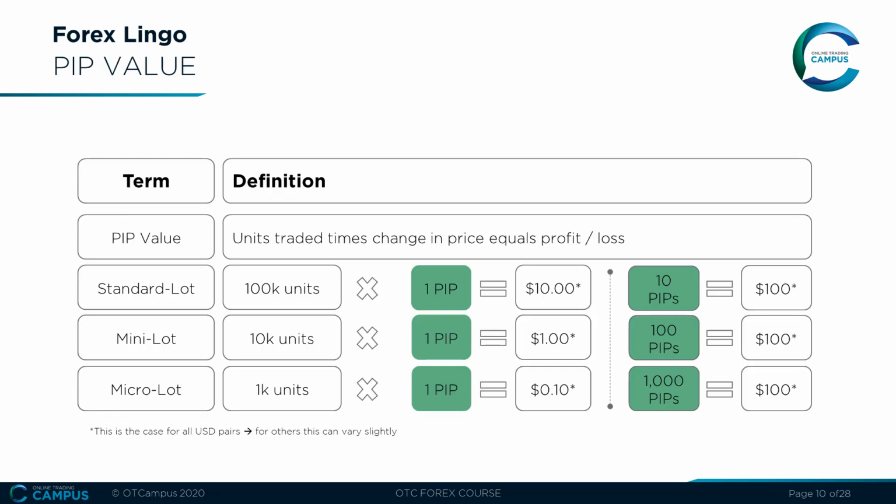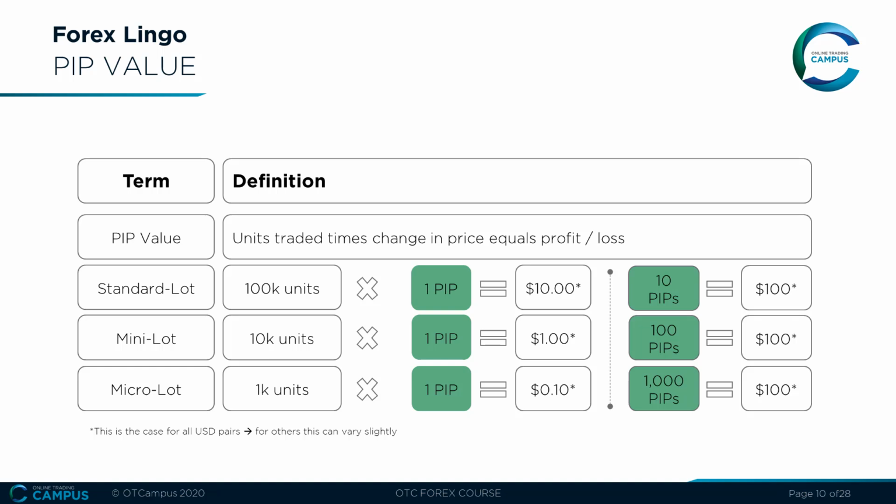So let us put it all together to get to the so-called pip value. The pip value is calculated by taking the amount of units traded multiplied by the price of the currency pair. For currency pairs with US dollar in the quote, like the Euro US dollar, Aussie US dollar, British pound US dollar, this is quite simple.